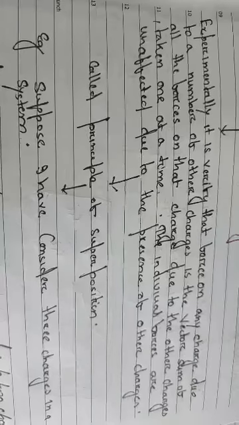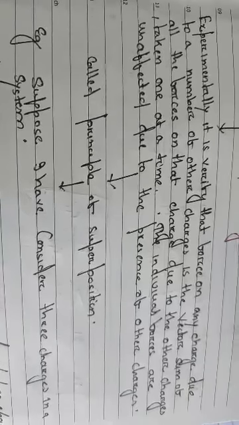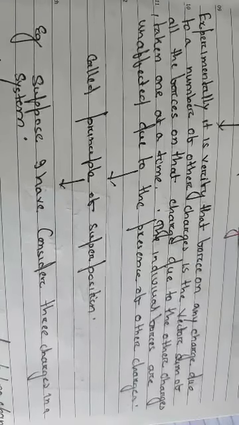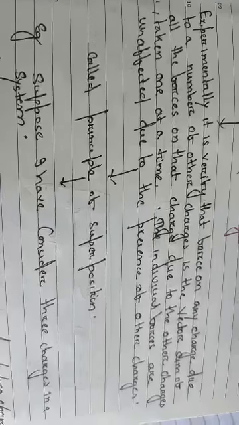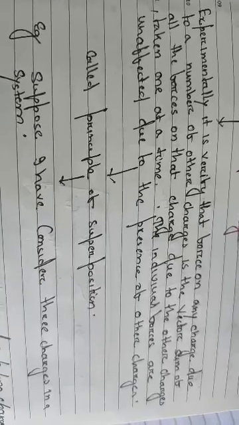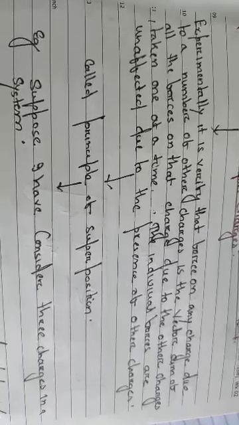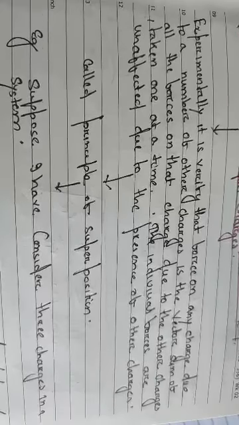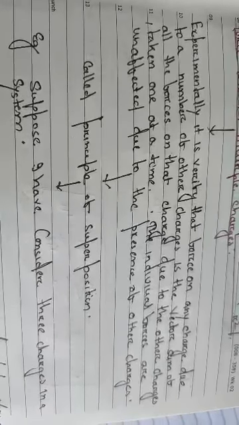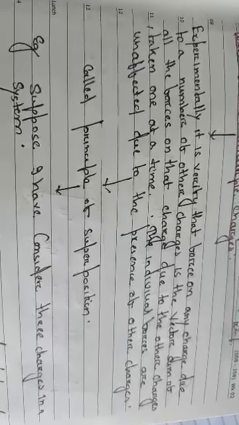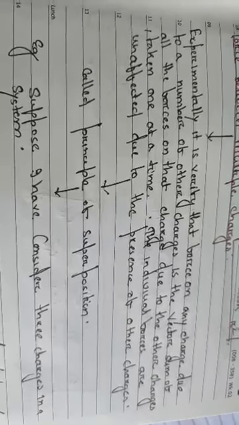It verifies that the force on any charge due to a number of other charges, means suppose one charge I have considered as Q1 and there are multiple forces acting upon that Q1, is the vector sum of all the forces acting on that charge due to the other charges, taken one at a time.